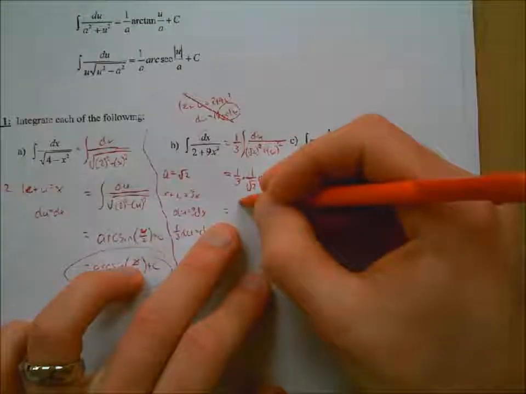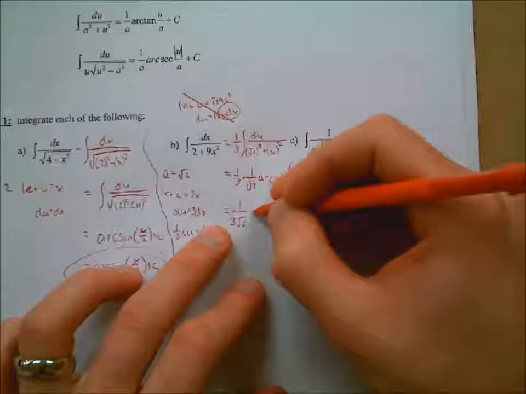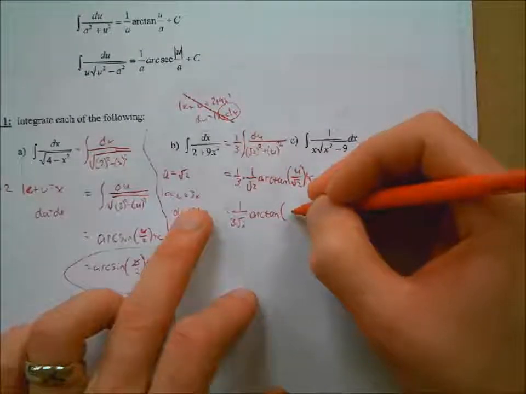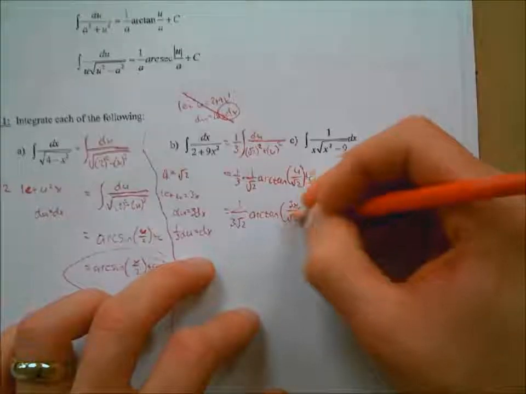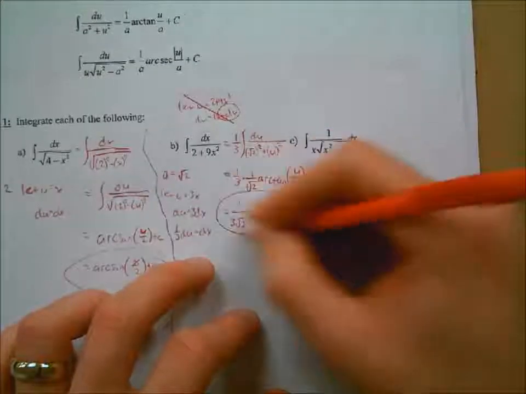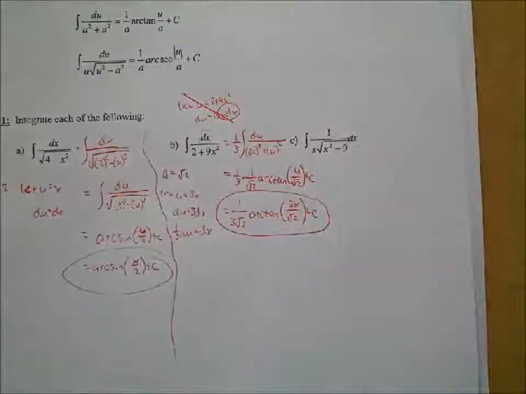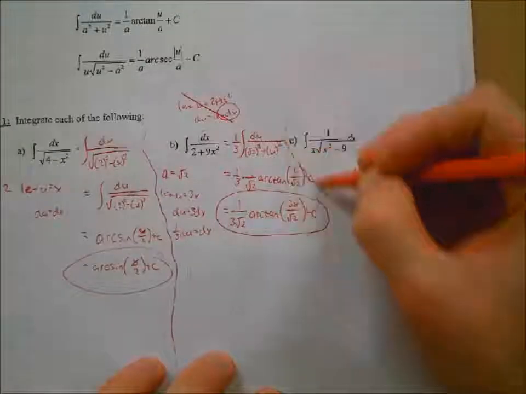So 1/3 square root of 2 arctan of 3x over the square root of 2 plus c. Don't forget we're doing indefinite integrals, right? All those need to have a plus c.